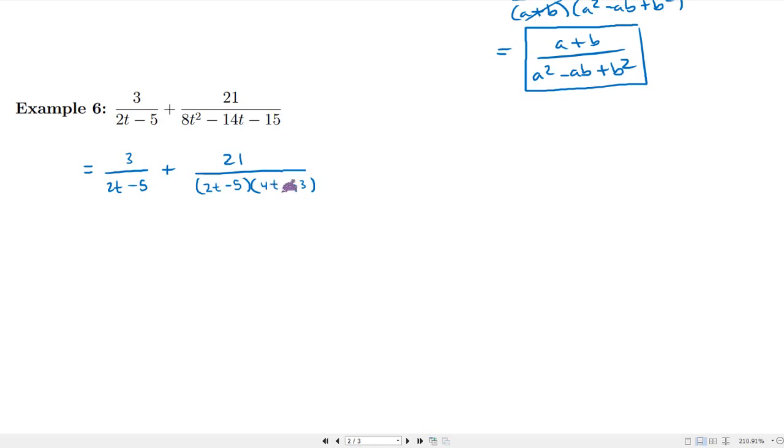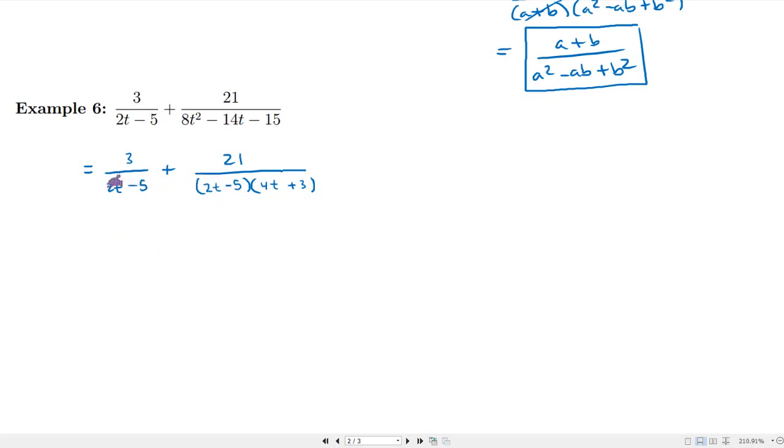If this is wrong, then we would pick some other factors of 8 to make this work out. So does this work? 8t squared, and then we'd get 6t, and then minus 20t, so that will give us the minus 14t, and then that's negative 15. So that is the correct factorization.